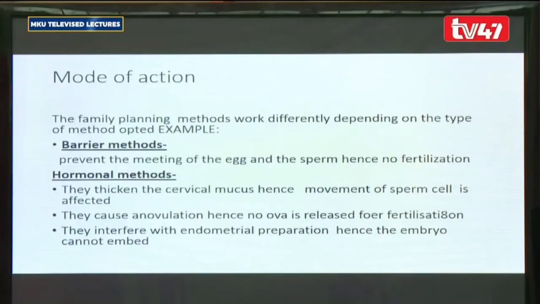Mode of action. This is how a family planning method acts on the client's body to be effective. Some of them act directly, they are barriers. Others have to be ingested, injected or implanted in the client, and then they interfere with the hormones, and this interference with the hormones brings about the changes.